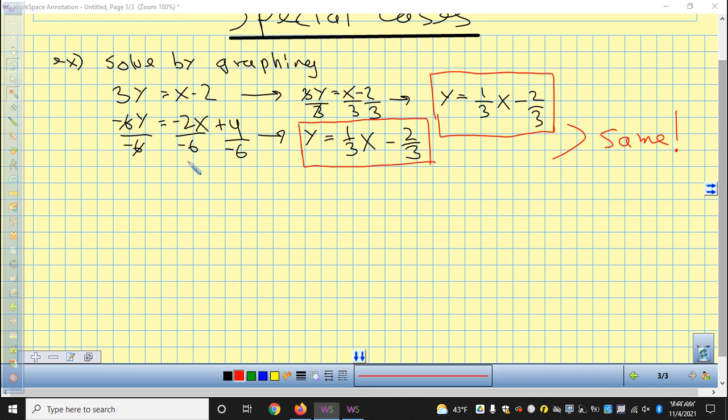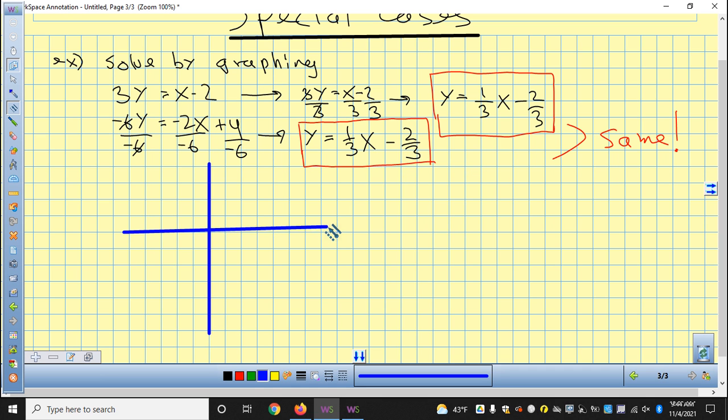And if we graph these, we're going to get something that looks like this. Negative 2/3 is not quite negative 1. Negative 3/3 would be negative 1. So our y-intercept is about here. And our slope is up 1 over 3. 1, 2, 3.